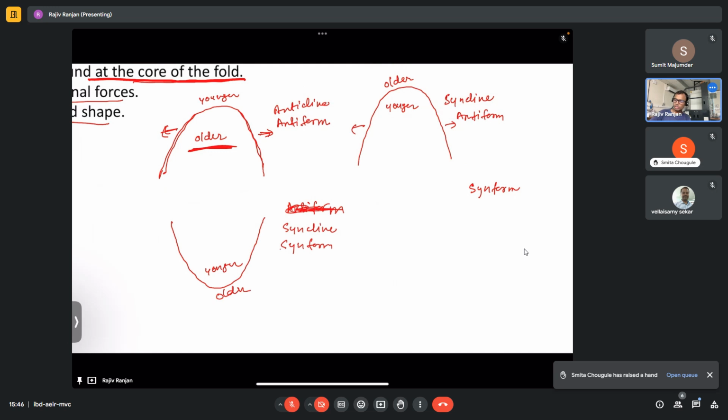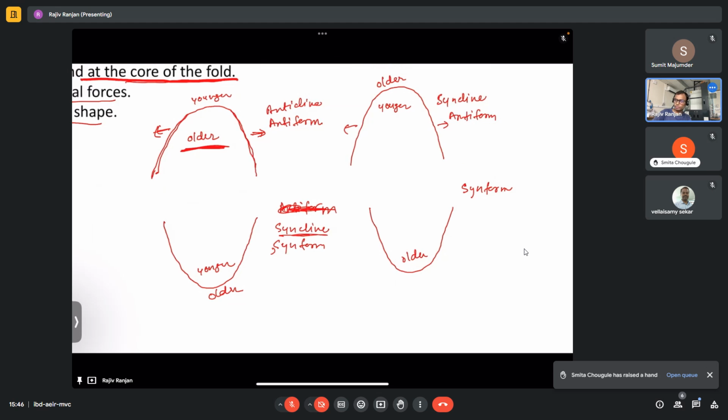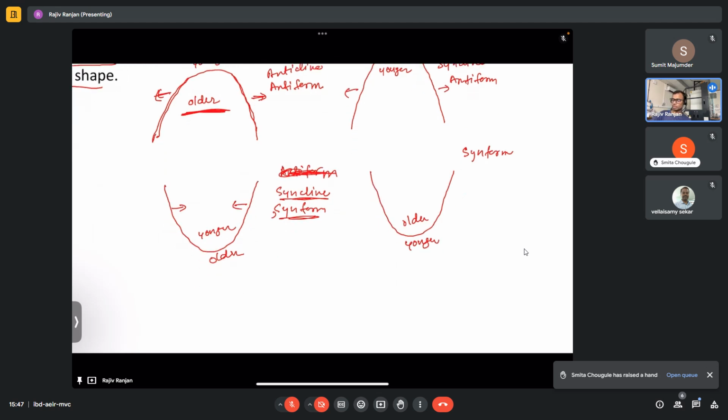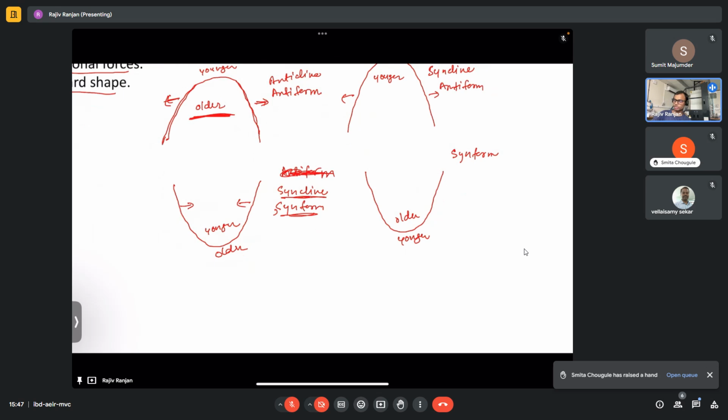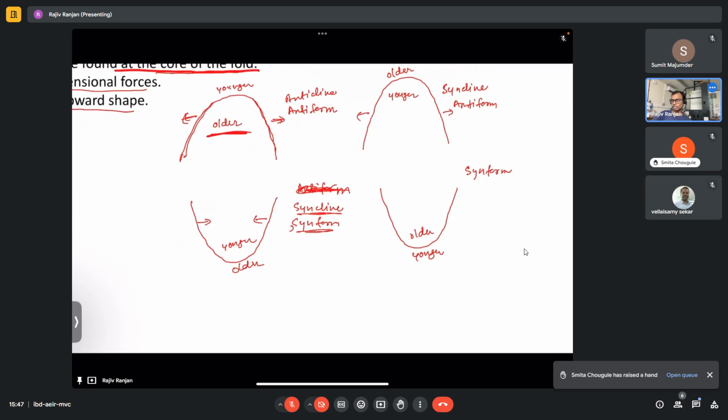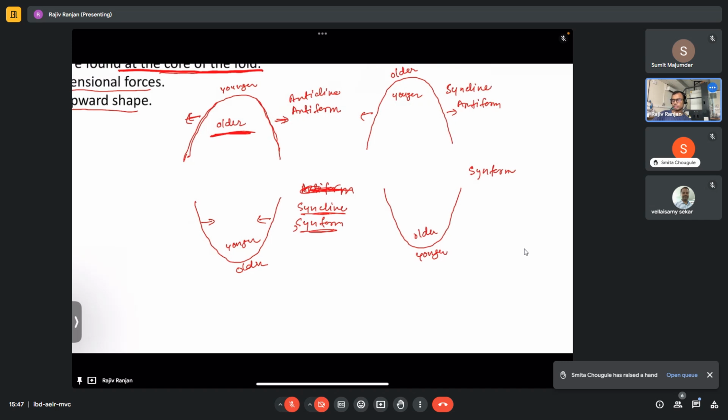Now let's consider a different scenario. Why syncline? Because younger is in the core. Why synform? Because both are dipping towards each other. This is why synform. Now you have older in the core and younger outside, right? So with the age of this layer, what is this?